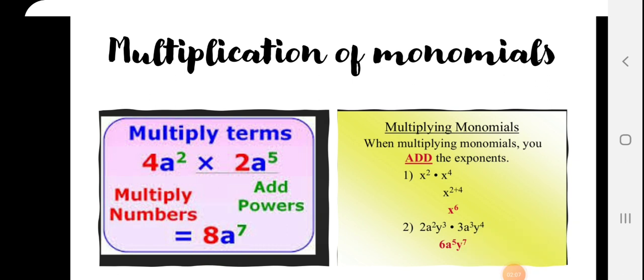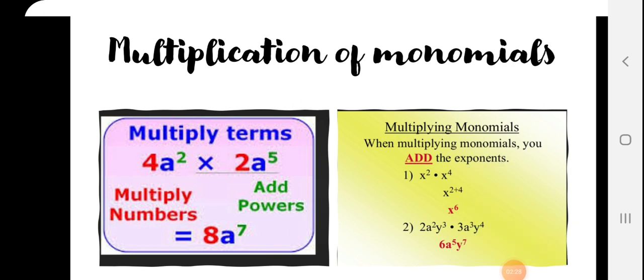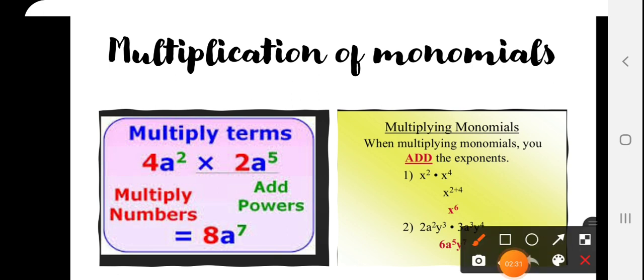Now in this case, x raised to power 2 into x raised to power 4, the powers are added, so you get x raised to power 6. In the next case, the variables are a and y.